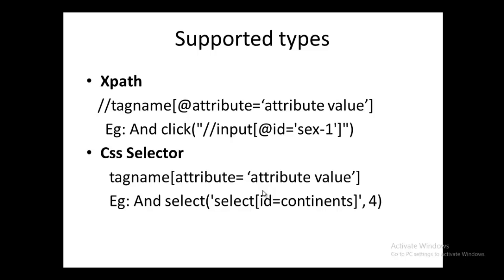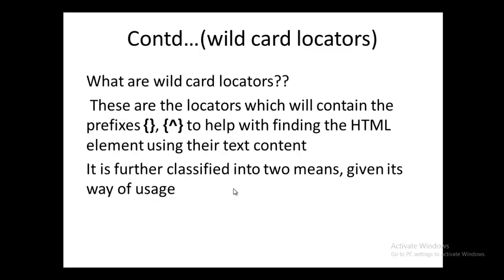Above is the syntax and below is the real element constructed using that syntax. So /input is the tag name, @id is my attribute, and 6-1 is the value for that attribute. Similarly for a CSS selector, you don't really have to pass in the / because you are not traversing through a path, just the attribute and value.